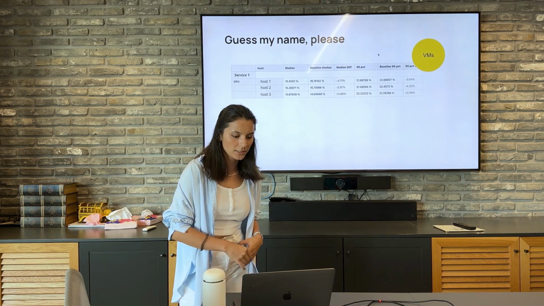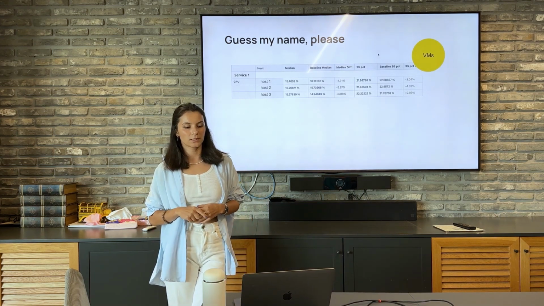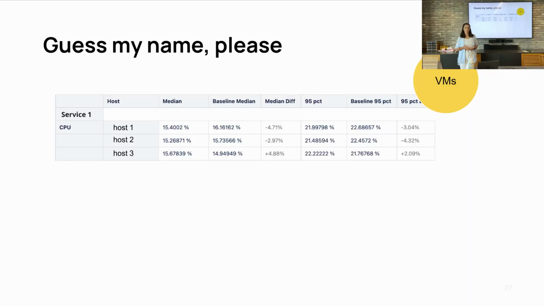So why is it a problem? Because, as I already told, we have automation. We have automatic gathering and comparison of the metrics. We gather metrics from each unique host, I mean per host.